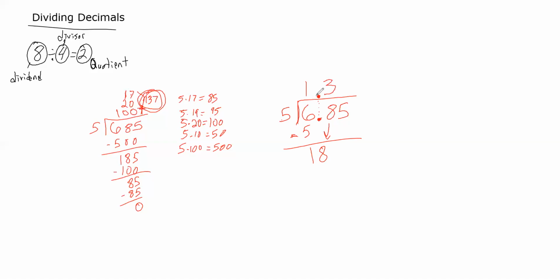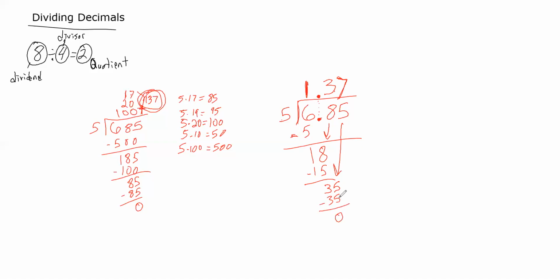So you're going to keep all of your numbers lined up. 3 times 5 is 15. When I subtract that out, 8 minus 5, 5, 6, 7, 8. So that's going to give me 3. And then I bring my 5 down for 35. I know that 5 times 7 is 35. So this is going to go in 7 times. 7 times 5 is 35. I subtract that out and have a remainder of 0.